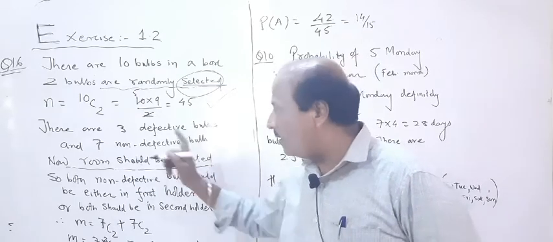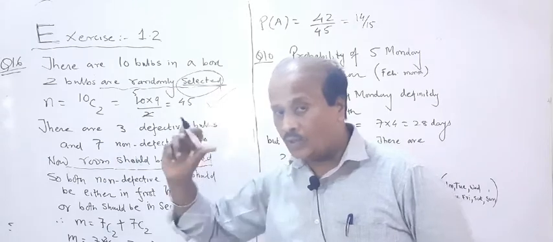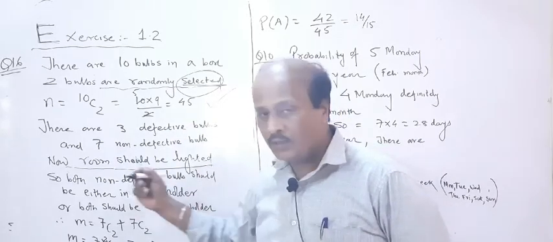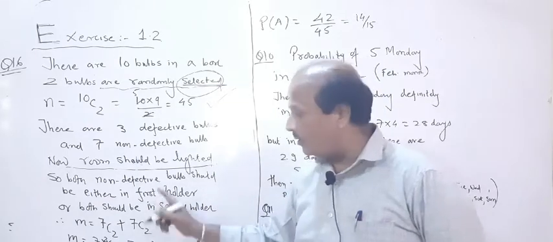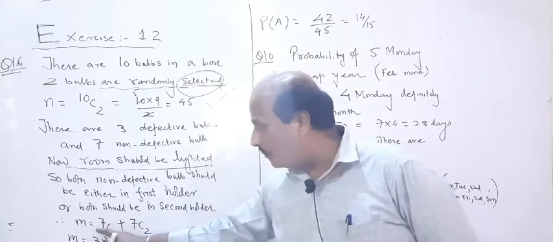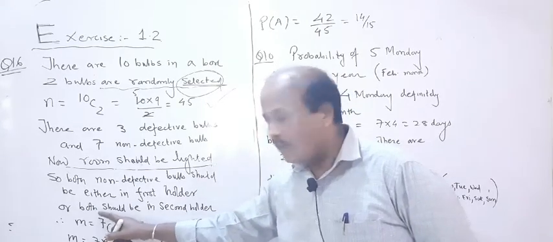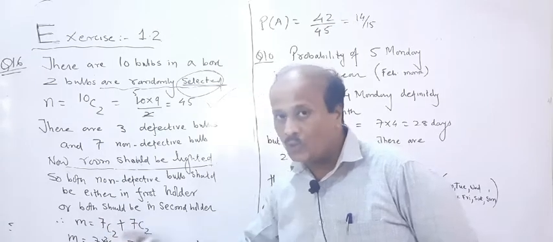It means that a non-defective bulb should be in that holder or socket, where we are putting the bulb. How many holders are there? Given in the question, there are 2 holders. So in 2 holders, in one of the holders, 7 non-defective bulbs can be put in the form of 7C2.